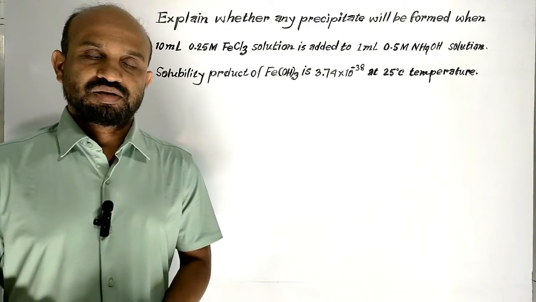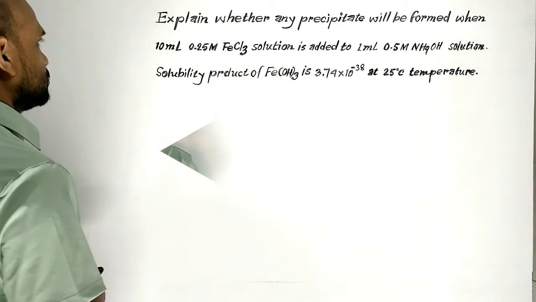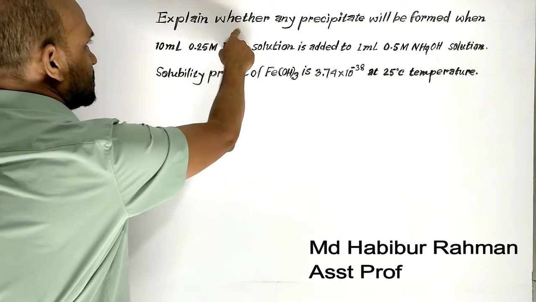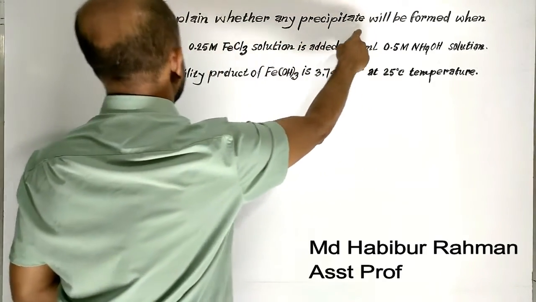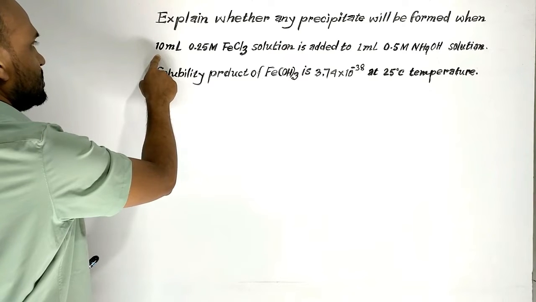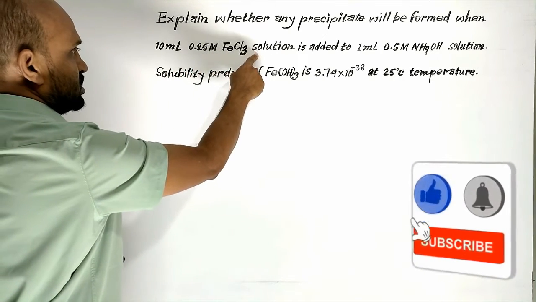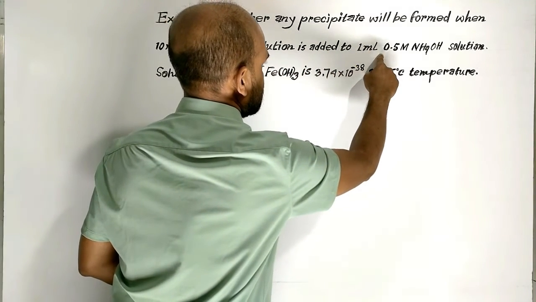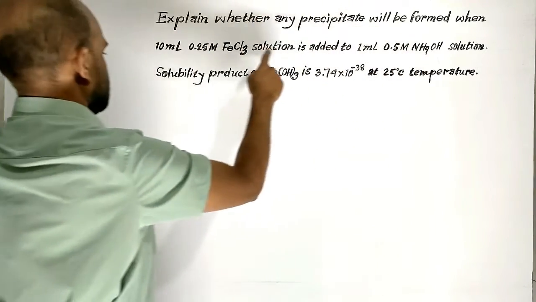Mathematical problem related to solubility. Let us see the problem. Today's problem is: explain whether any precipitate will be formed when 10 milliliter 0.25 molar ferric chloride solution is added to 1 milliliter 0.5 molar ammonium hydroxide solution.